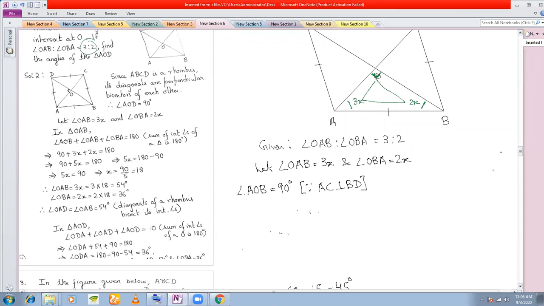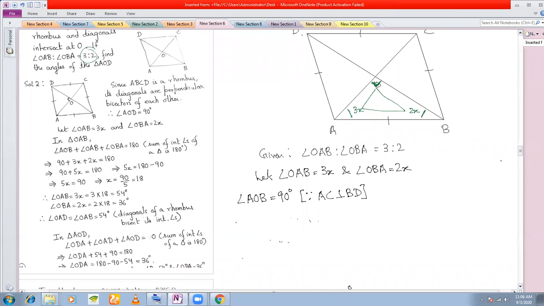You can write your reason here also: diagonals of a rhombus are perpendicular bisectors of each other. So one angle we have found of the triangle, that is AOB, which is 90 degrees. Let us now proceed to find the other angles.